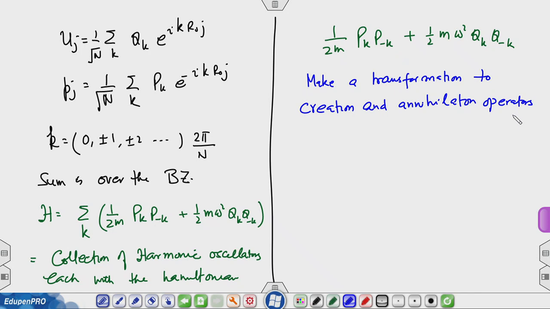We are going to now define operators that will create an excitation of frequency omega and with a good quantum number k, and we will see what that k signifies, and also annihilate it, just like we did in quantum mechanics. Recall the quantum mechanics chapter on harmonic oscillator.